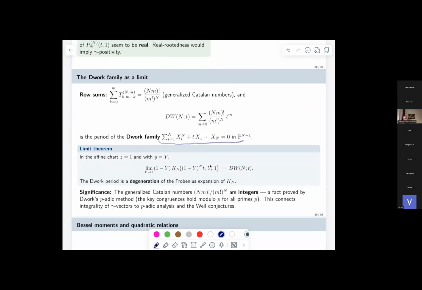They are intimately connected by some limiting procedure. It means that we can obtain results for the Dwork family as a limit of our computation results.